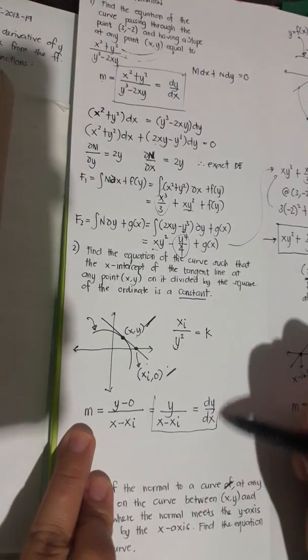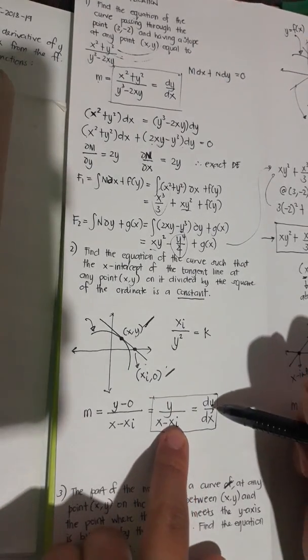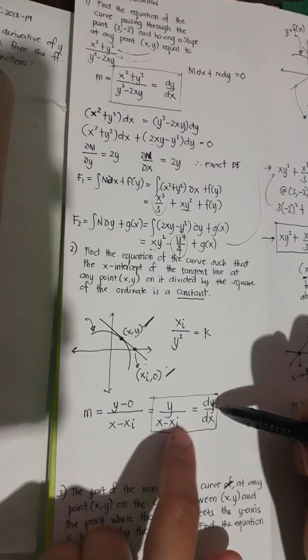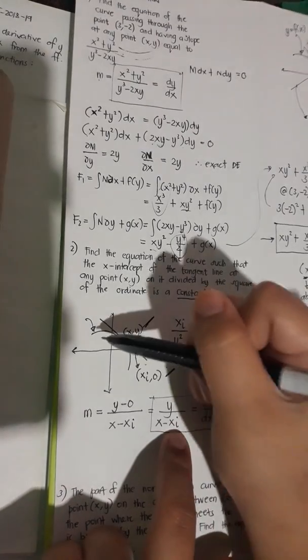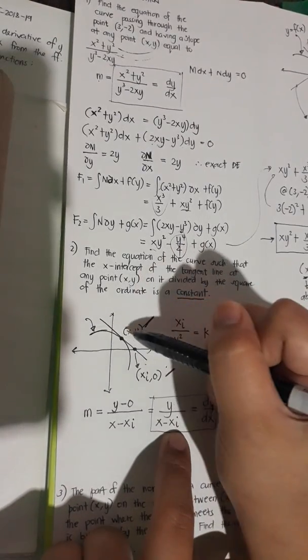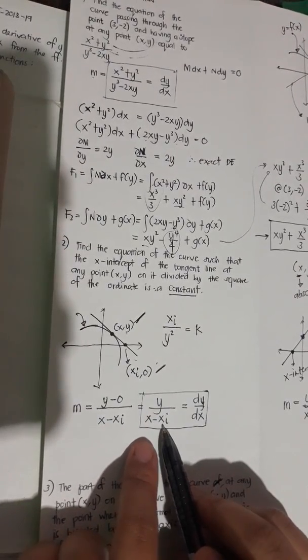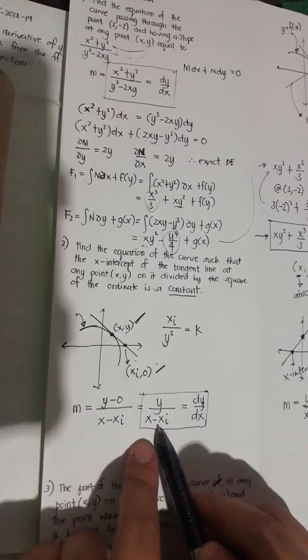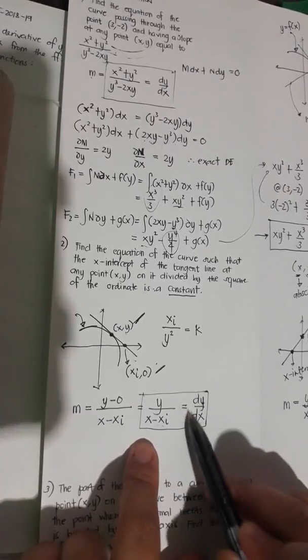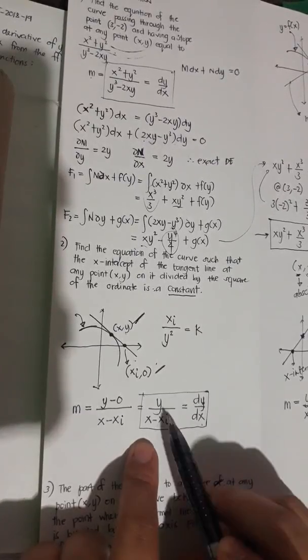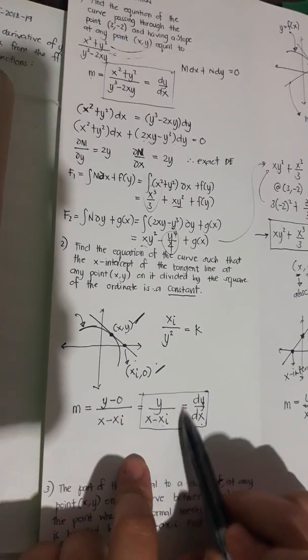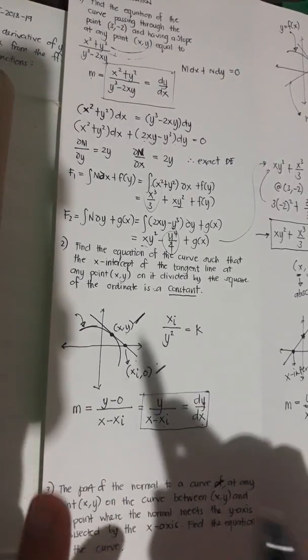So from here, we already have a DE. We just have to solve this DE to get the equation of the curve defined in the problem. But our dilemma here is that we have xi. Now we have the derivative dy over dx, so all the variables involved should only be y and x.